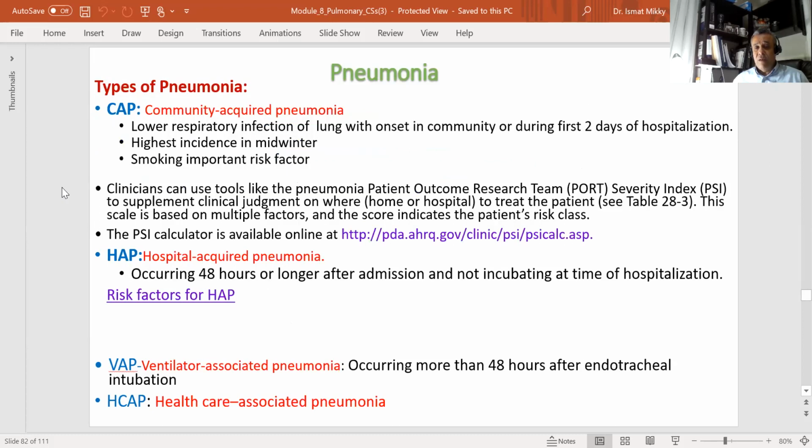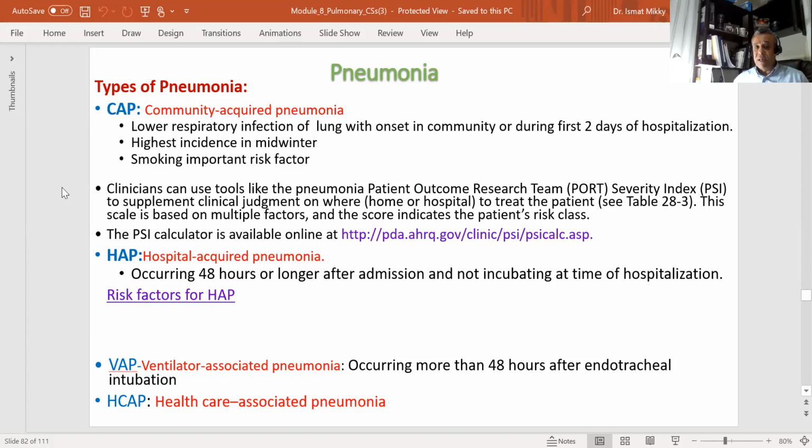The different types of pneumonia include community-acquired pneumonia, hospital-acquired pneumonia, ventilator-associated pneumonia, and healthcare-associated pneumonia. Healthcare-associated pneumonia is a new onset pneumonia, for example in patients who reside in a long-term care facility like a nursing home.